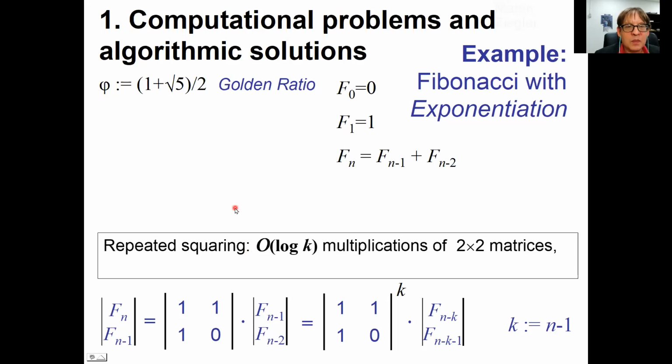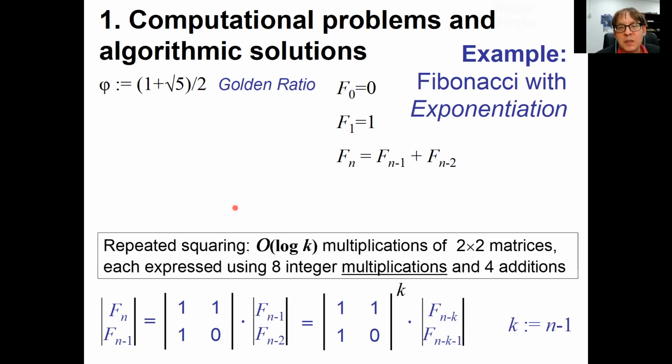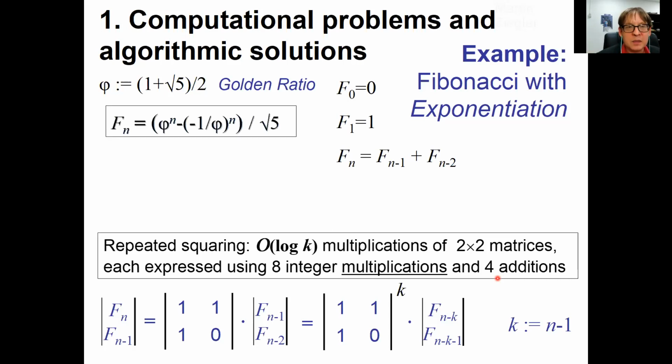And the algorithm we just saw uses logarithmically many multiplications of integer matrices, each one in turn expressed as 8 integer multiplications and 4 additions, so that the overall number of integer multiplications and additions, as opposed to matrix multiplications, is also only logarithmic in n.